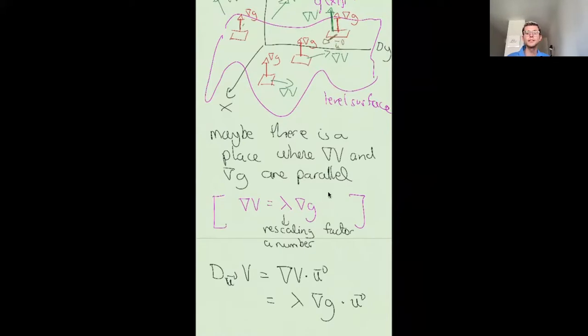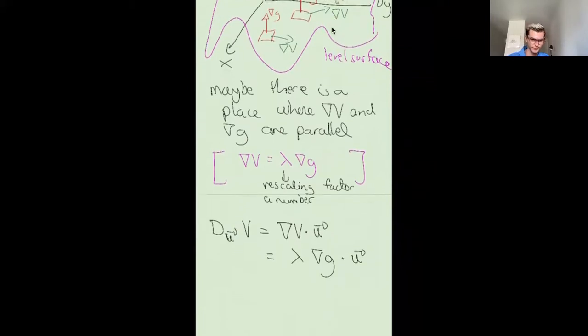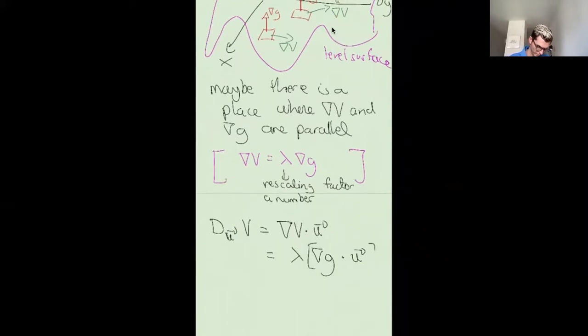It's 0, because the gradient of G is perpendicular to every vector along the surface. So this gives you 0. That means that the directional derivative of V would not change at that point. And so that's a critical point for V, because the directional derivative is fixed.